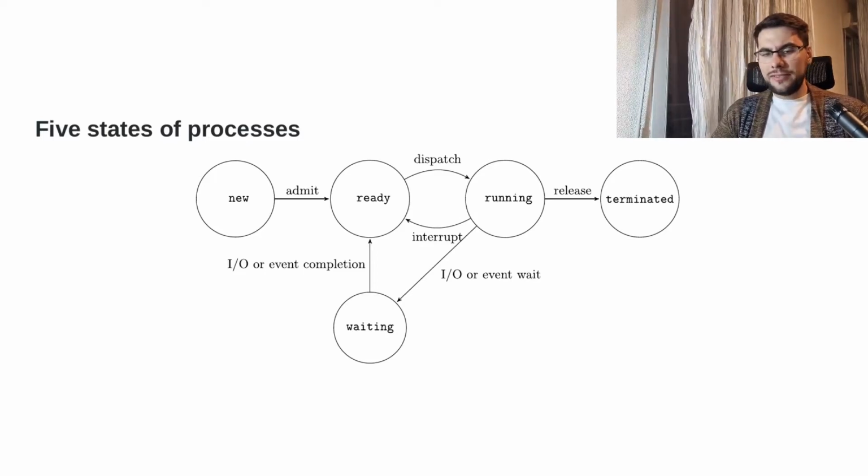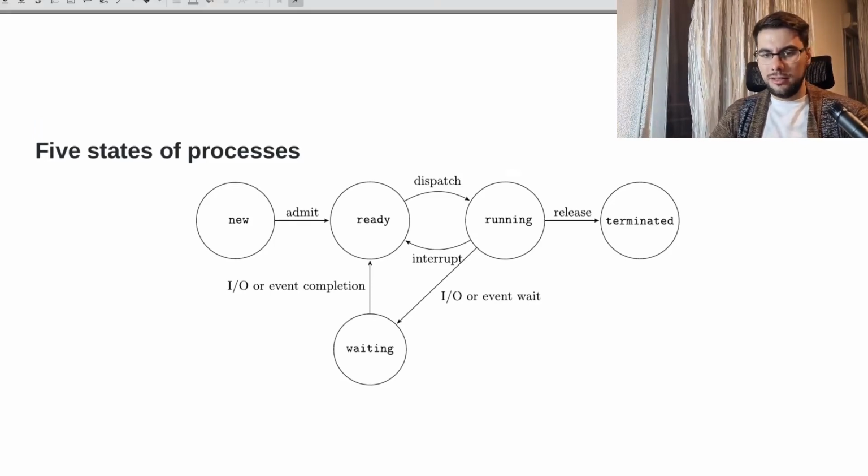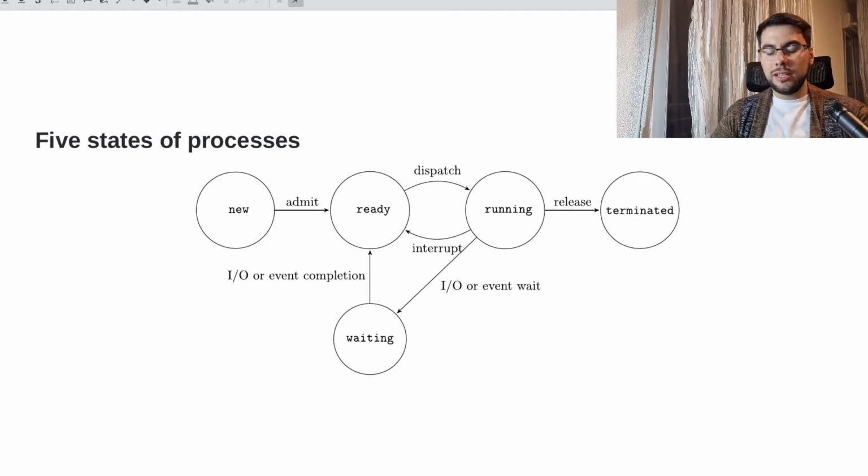In a classic 5-state model, each process is born, initialized, and then its thread is scheduled for execution. Once initialized, the process becomes ready for scheduling. A scheduler dispatches it, giving it time to be executed by the CPU.